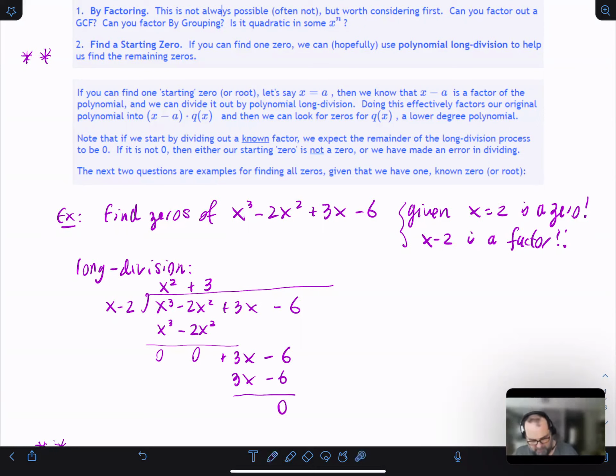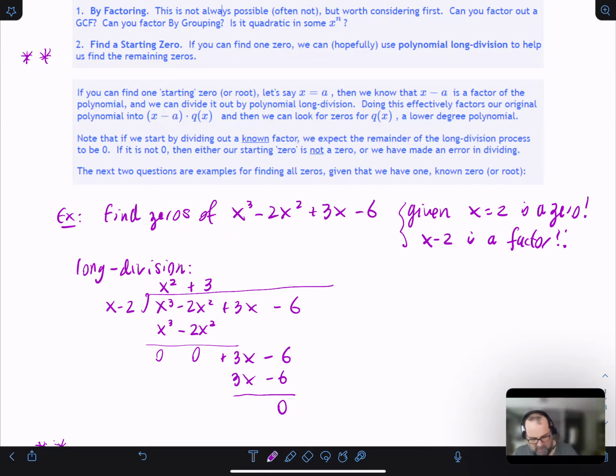So you probably remember that this is your remainder, yes? So the fact that we did our long division and got a remainder of 0 says that x minus 2 divides evenly into our original polynomial. That is what has to be the case. If x equals 2 is a 0 and x minus 2 therefore is a factor, then when you do this long division, you have to end up with a 0 remainder.